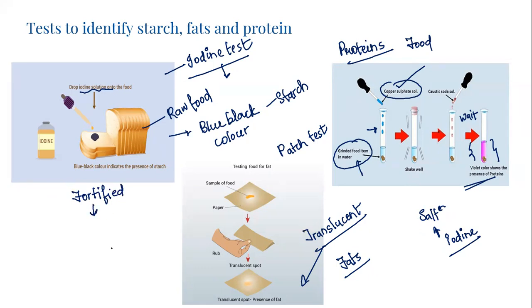These are foods made as per the standard of FSSAI. Fortification is the addition of essential vitamins and minerals to staple foods like rice, wheat, oil, milk, and salt, so that the nutrient requirements of our body are met.